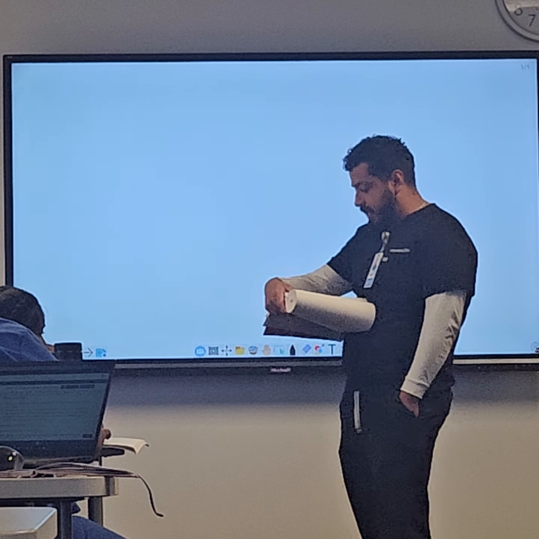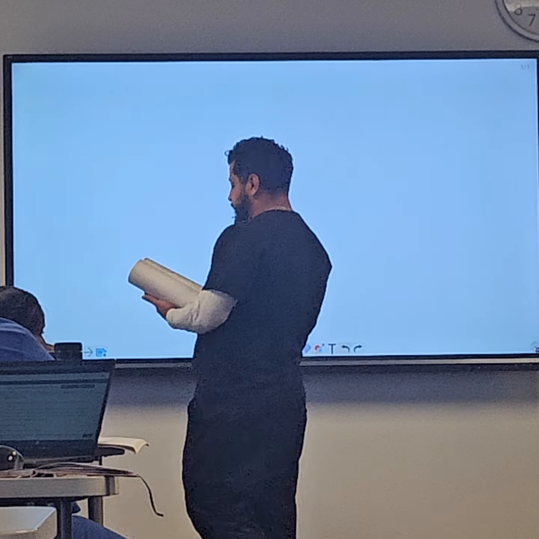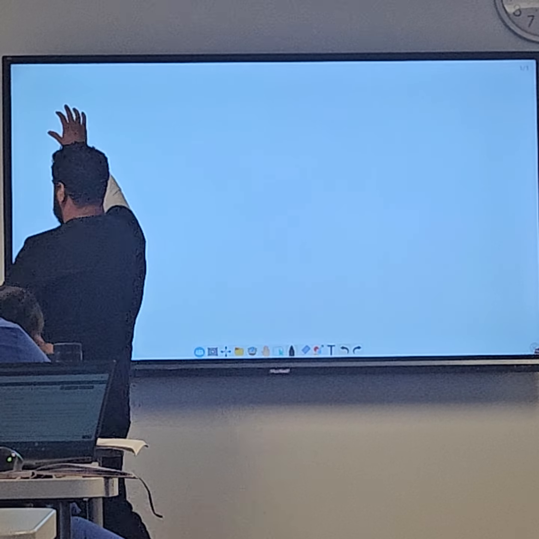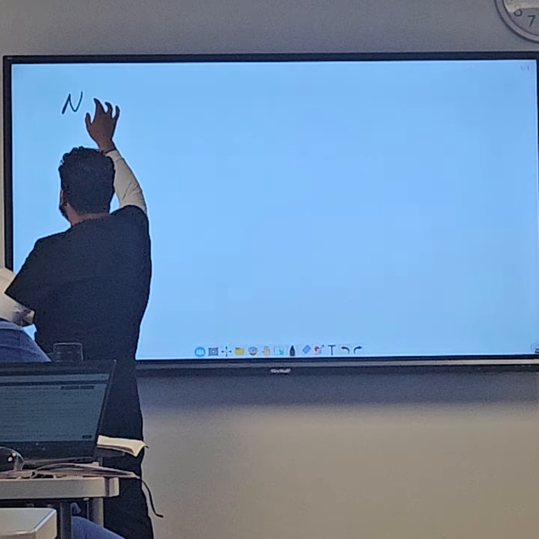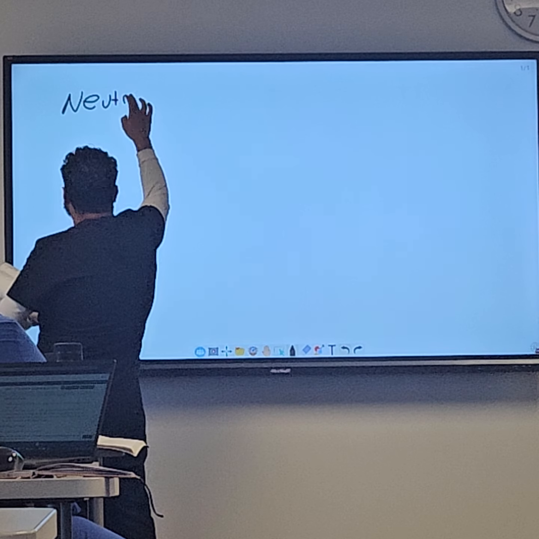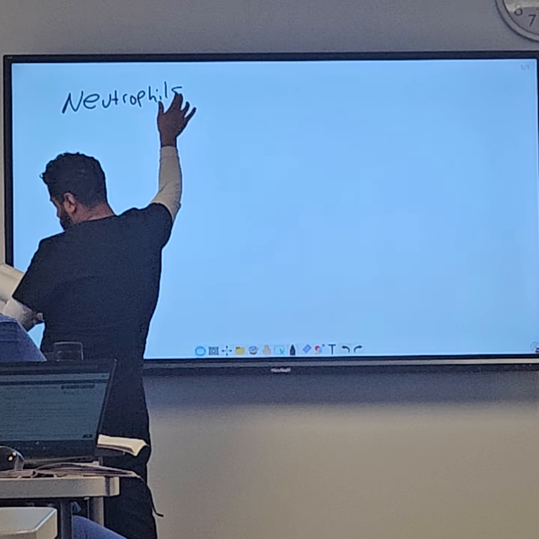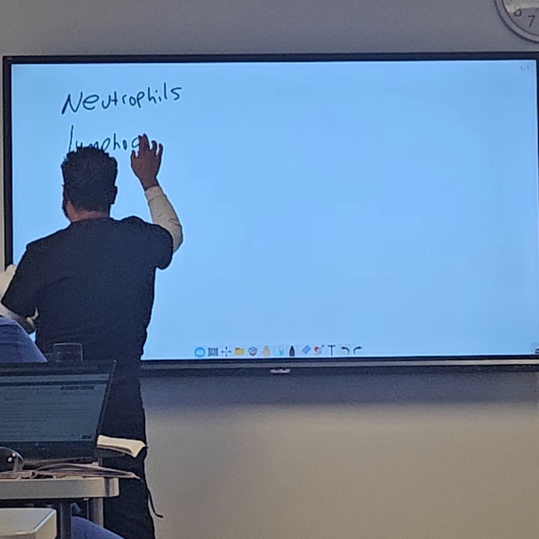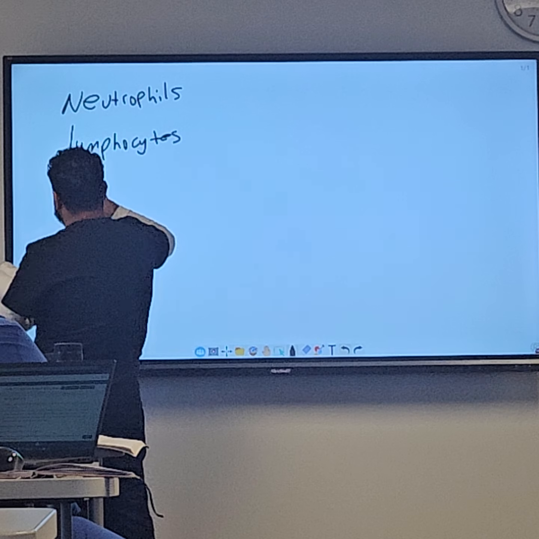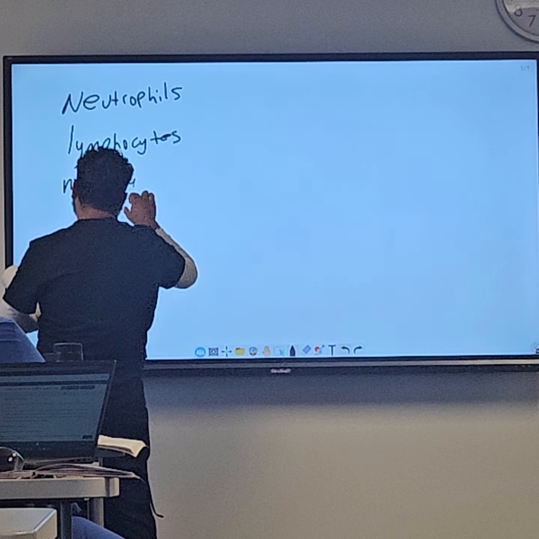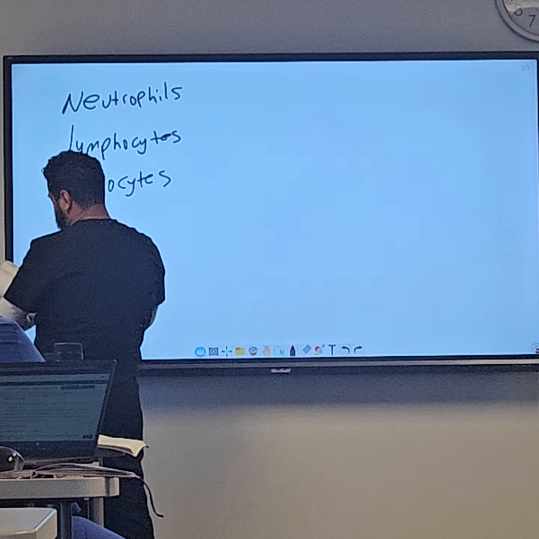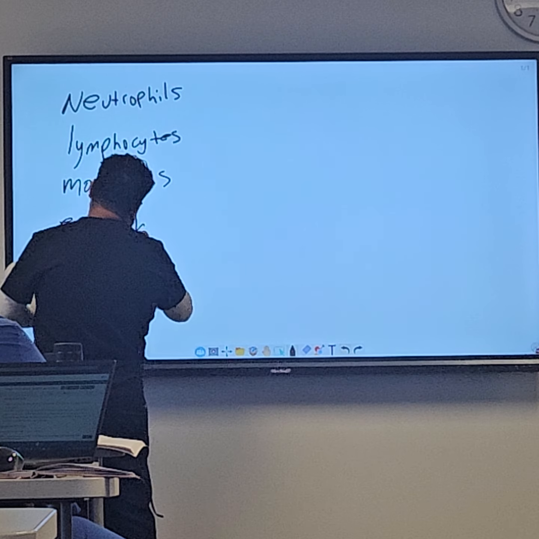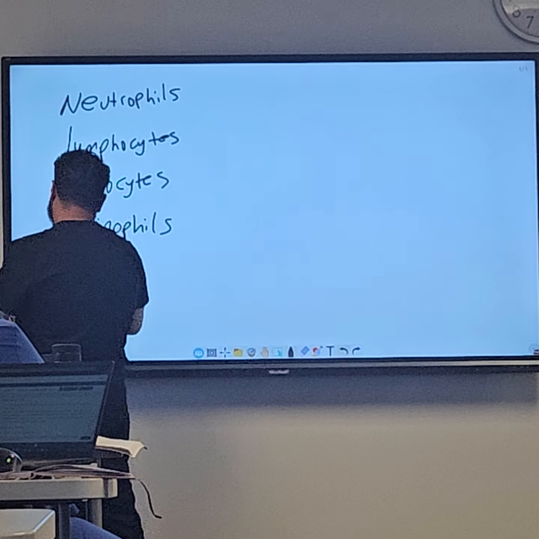There are five types of white blood cells: neutrophils, lymphocytes, monocytes, eosinophils, and basophils.